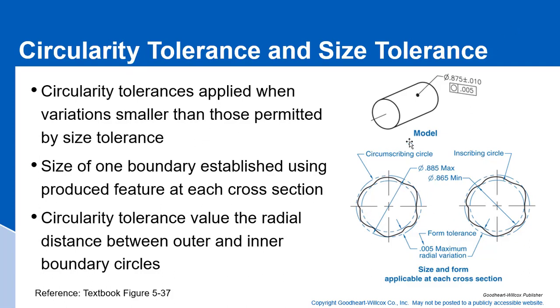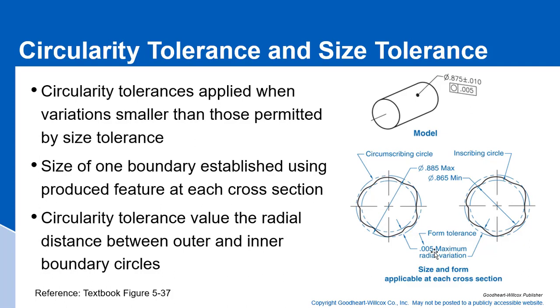So what we have here is .875 plus or minus .010 with .005 circularity. Here is our circumscribed circle at .885. That is our maximum material condition. And then over here we have our internal boundary.